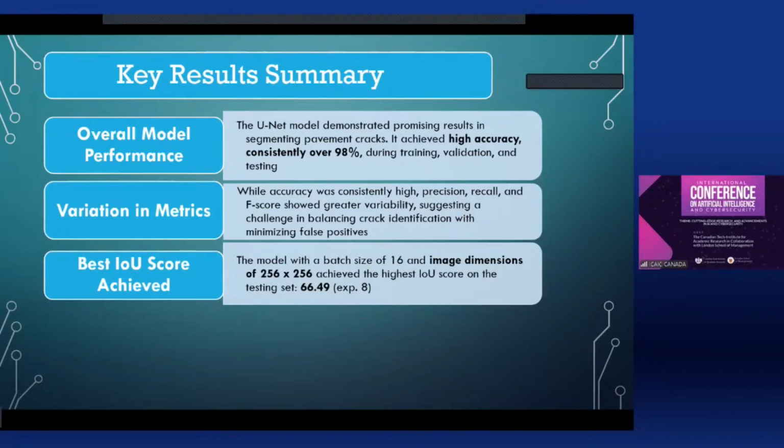The quality of the model you get will highly depend on the quality of data used to train these models. The best IOU score achieved was 66.649 in experiment 8, with an image size of 256 by 256. So what we learned there is that bigger image size normally gives you a better IOU score, which is the overlap.